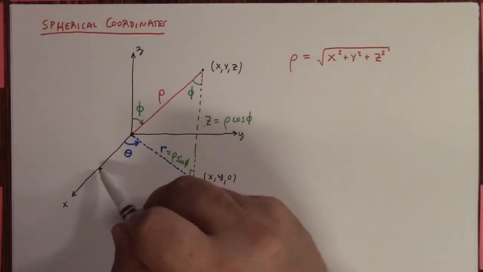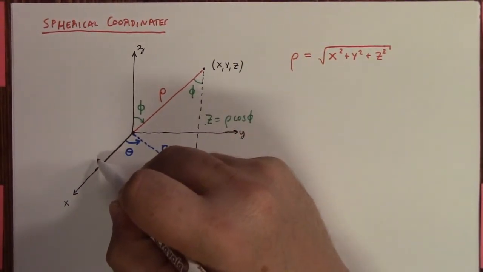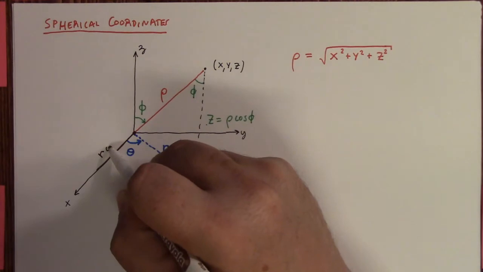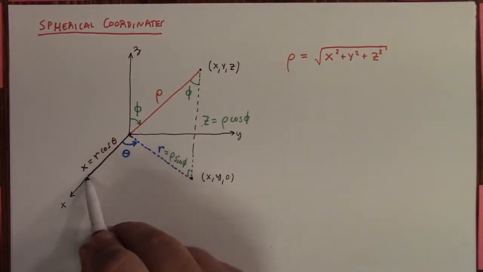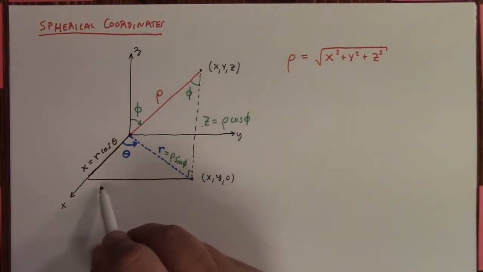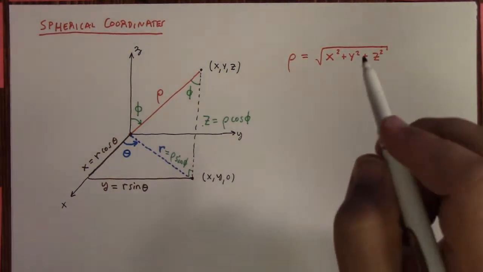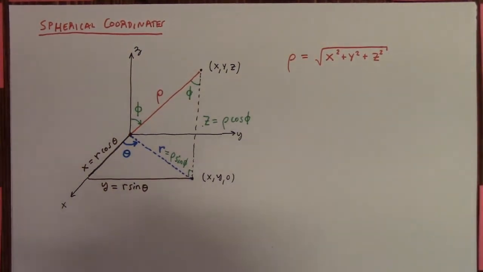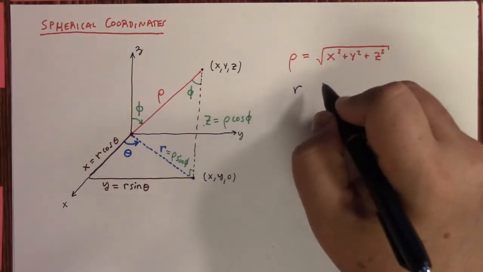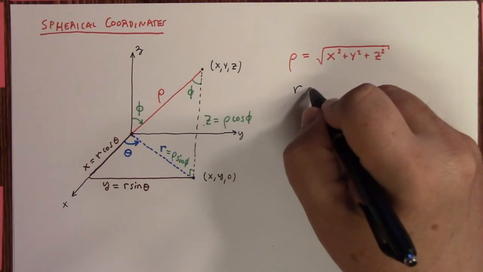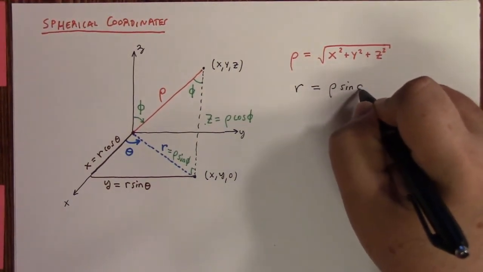And so down here, we still have these things we talked about before. We still have r cosine theta for x, and over here we have y equal to r sine theta. But the new thing is that there's a connection between the spherical and the polar radius. The polar radius r is equal to the spherical radius rho times the sine of phi.